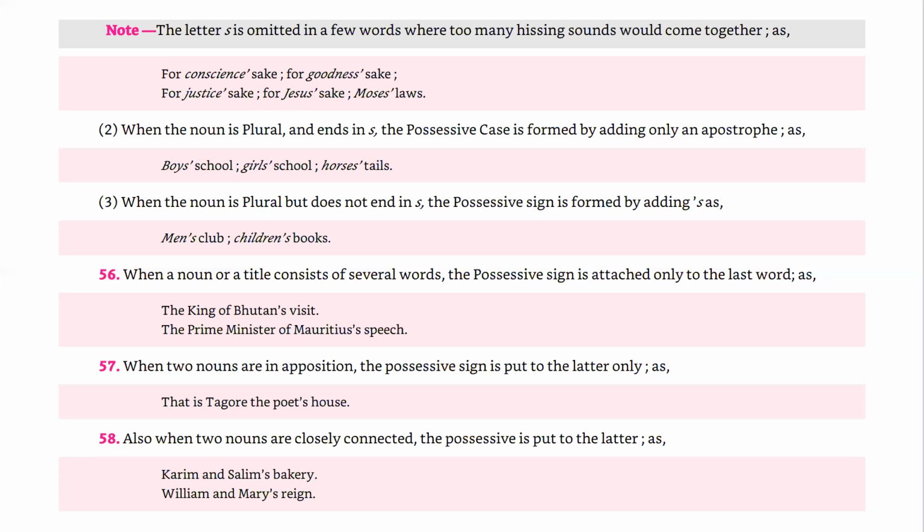William and Mary's Serene. William is the king, Mary is the queen. Both of them rule together. So since they rule together, you say William and Mary, then apostrophe s Serene.